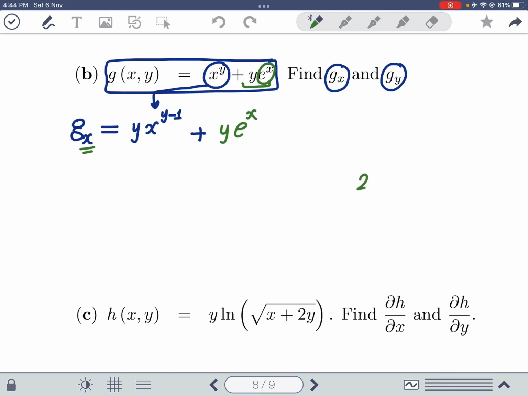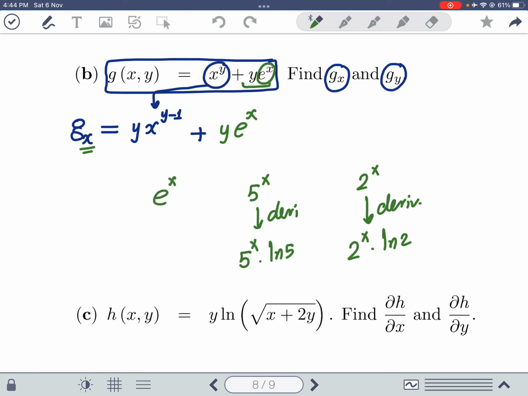If your function was 2 to the x, then what is the derivative? The derivative is the same, but you multiply by ln 2. So if you have 5 to the x, what is the derivative? It's the same, then times ln 5.